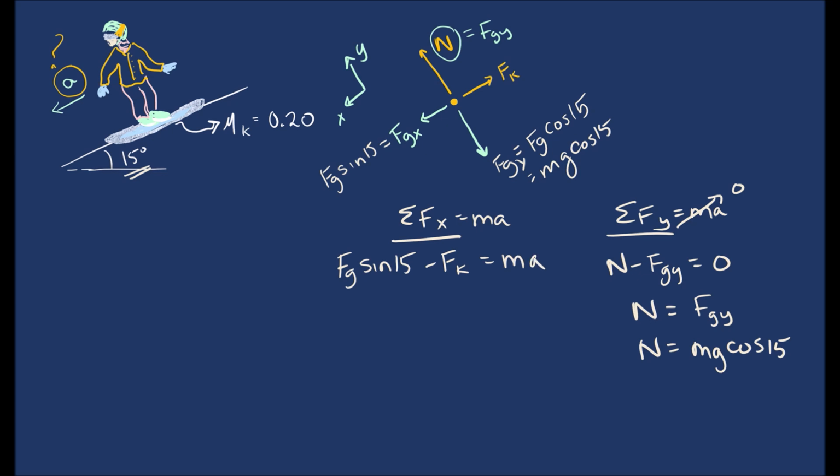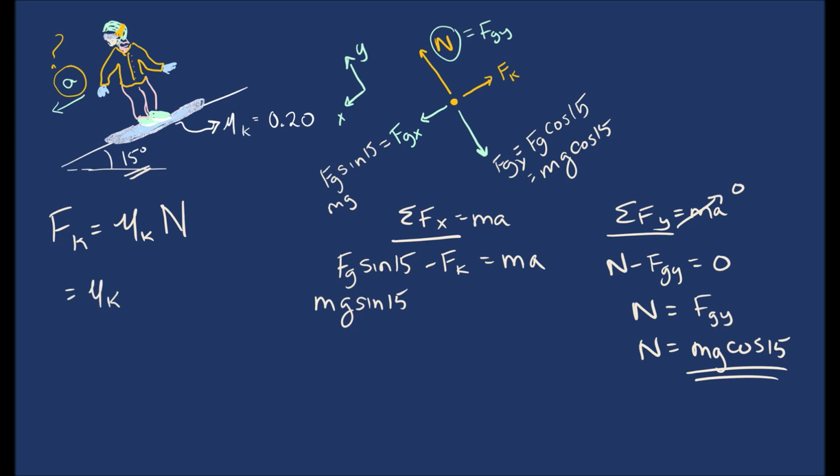Okay, remember Fg is just the mass of the skier times little g sine of 15. Okay, our force of kinetic friction. Well, our force of friction we know is equal to the coefficient of kinetic friction times the normal force. Okay, well, we know what the normal force is, and we know what kinetic friction is.